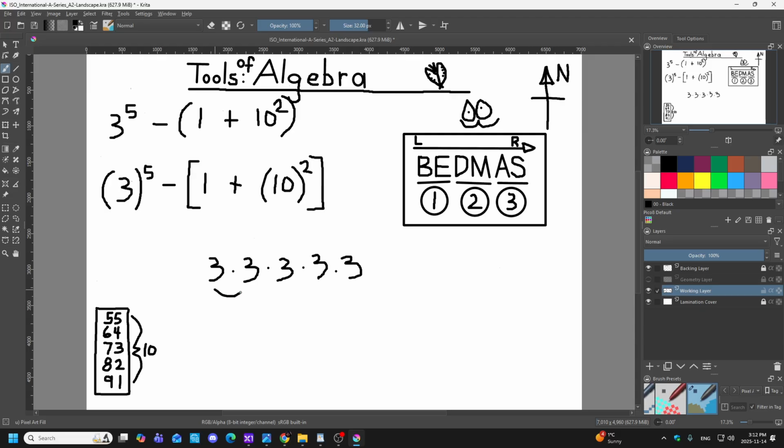I could do these in pairs. We have 3 times 3 is 9. 3 times 3 is 9. And we lastly have one more 3 because it's an odd one. 9 times 9 is 81. Times 3.